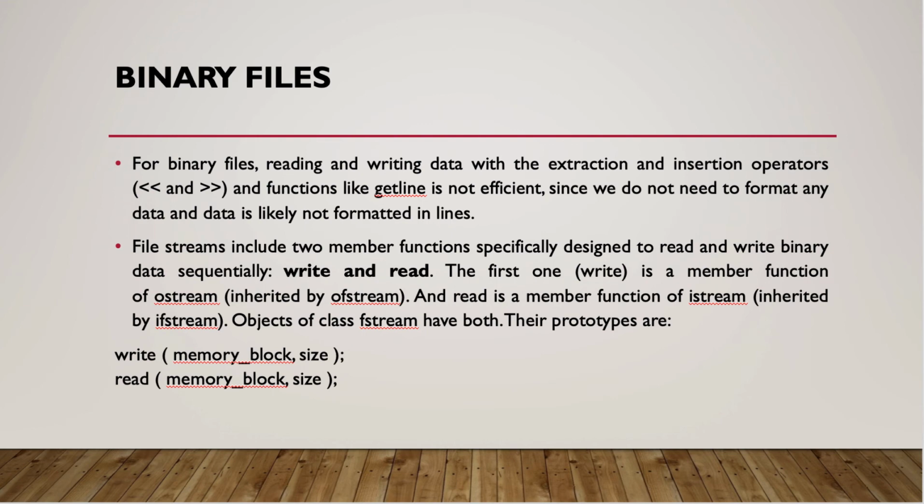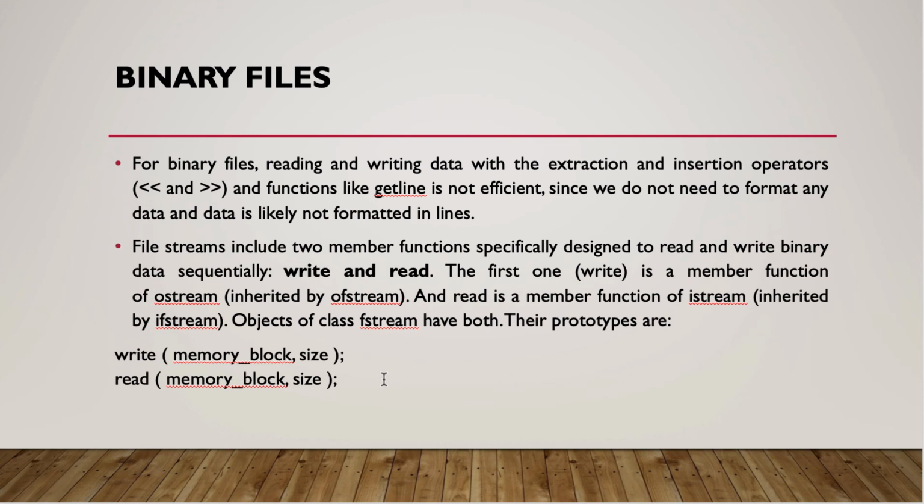As you can guess, respectively, go back to the classes that are meant for input or output. Objects of the class fstream have both. So if you have an fstream object, then you can use both. Look at the prototype. So basically we have write, and then we define the memory block and the size, or we have read from the memory block and the size.